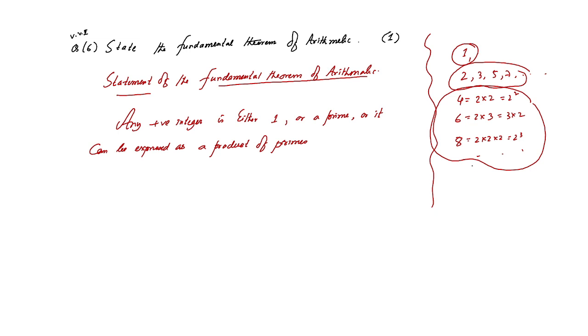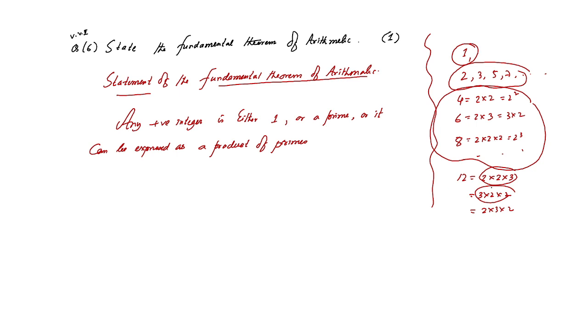But in the representation, for example, you have given 12. So you can write 2 into 2 into 3. Someone writes 3 into 2 into 2. Someone writes 2 into 3 into 2. So the representations are basically unique except for the order of the prime factors. So this representation is exactly unique if we do not consider the order.